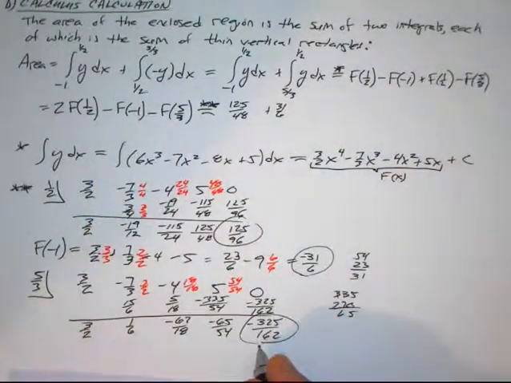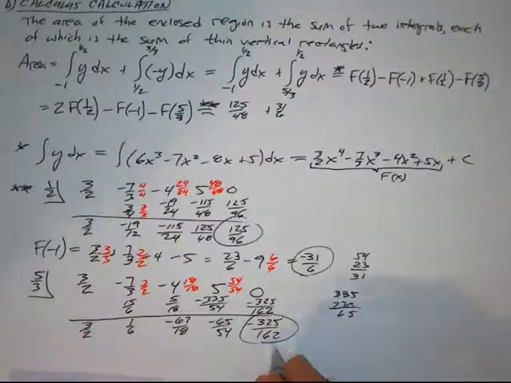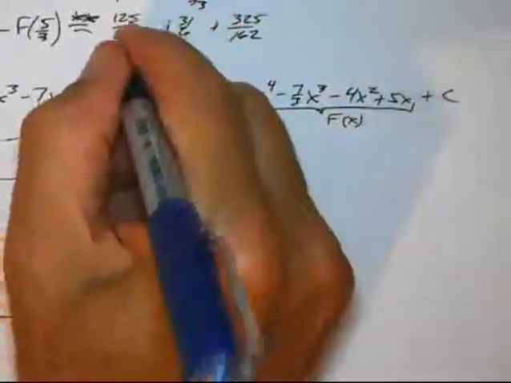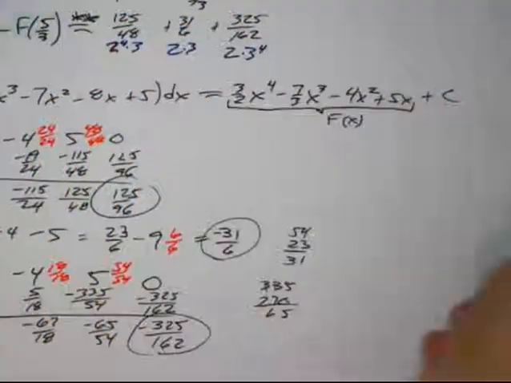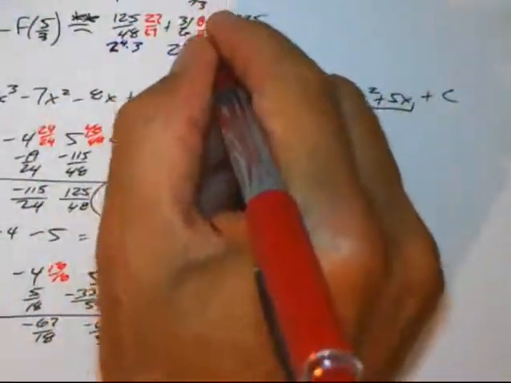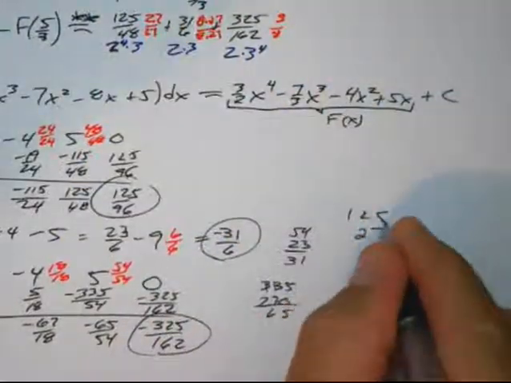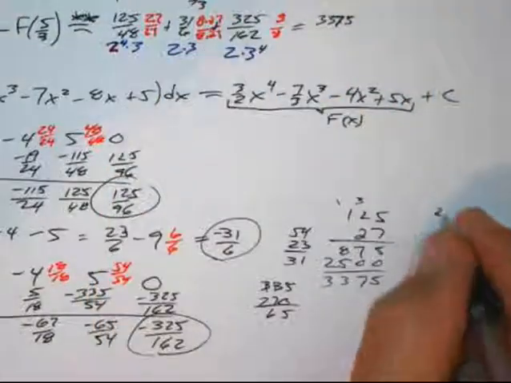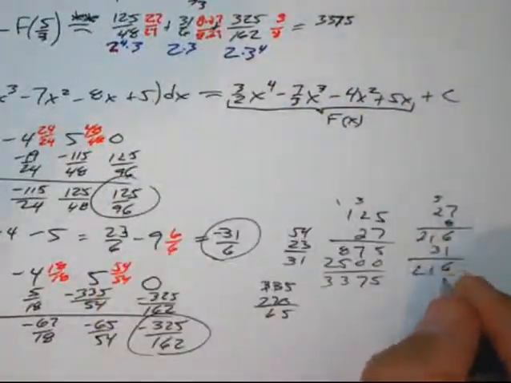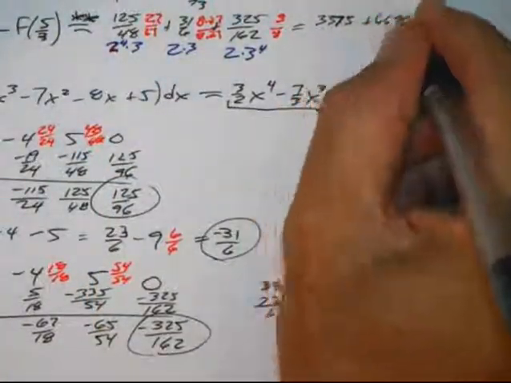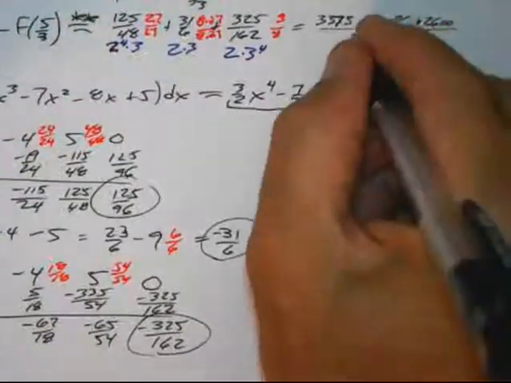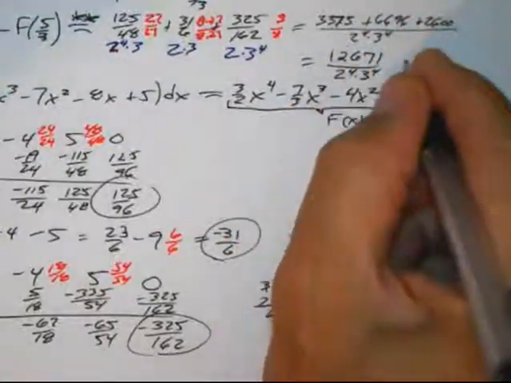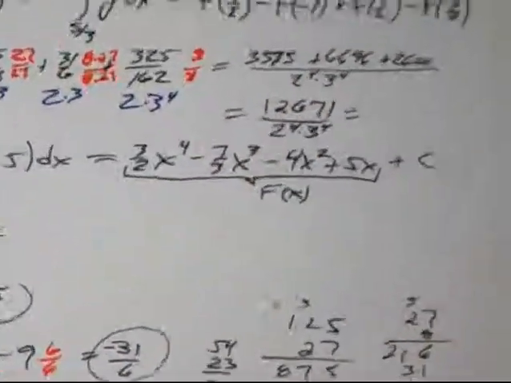Subtracting this, that's adding 325 over 162. Okay, it is this in reduced form.